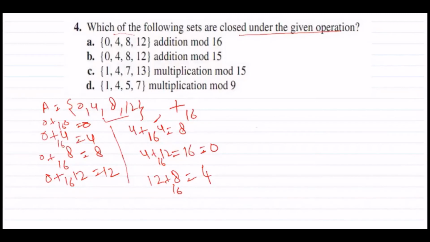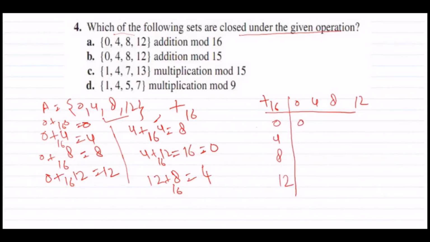Or we can make a table, addition modulo 16, here 0, 4, 8 and 12, and 0, 4, 8 and 12. So 0 plus these gives 0, 4, 8, 12.